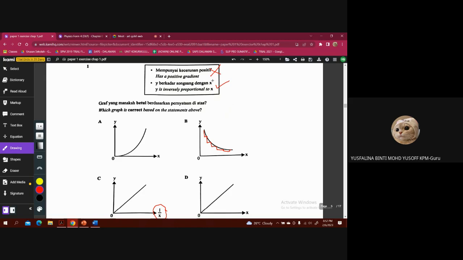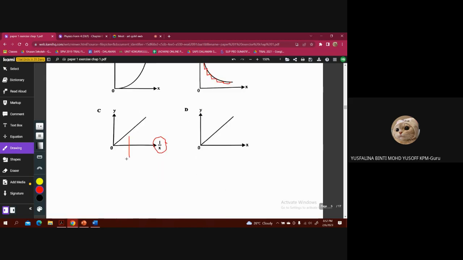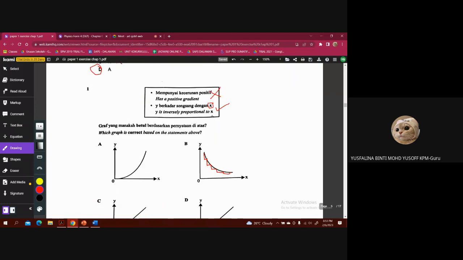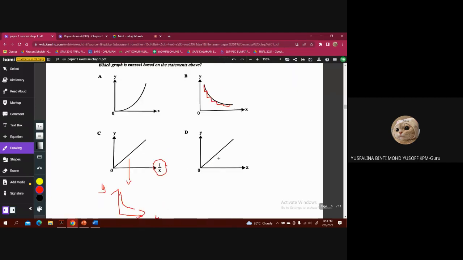But now the question says x. If I change the graph to y against x, it will become inversely proportional. So the first one stated is correct, and it has a positive gradient. Yes, because the gradient is increasing, right?